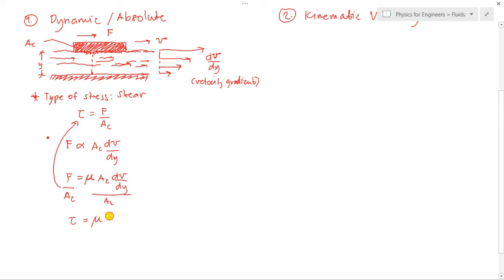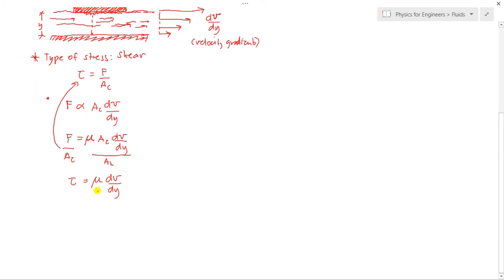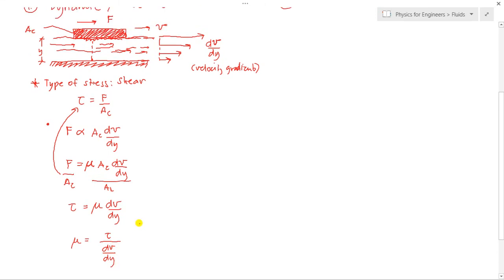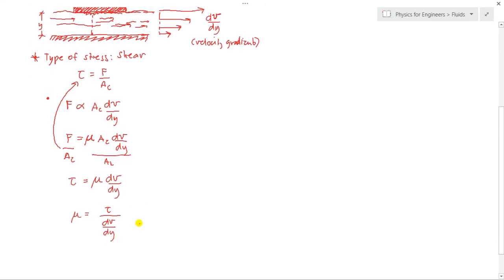So mu ni siya times the velocity gradient all over the height. Okay, so here, since na naman tayo formula for our mu, that is mu is equals to the shear stress all over the velocity gradient, then ato kitaon kung unsay units sa ato ang dynamic viscosity.